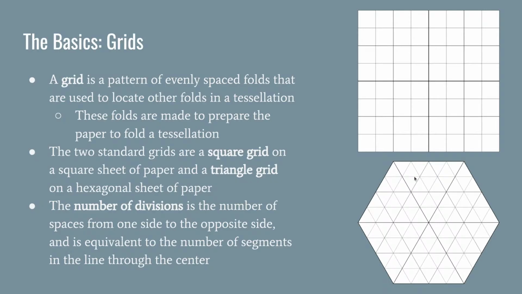So from one side to the opposite side, which in these cases is the same as the number of divisions, these separate segments, along a line through the center. And we'll see in a moment, I tend to prefer the definition of number of divisions on the line through the center because that's more general.